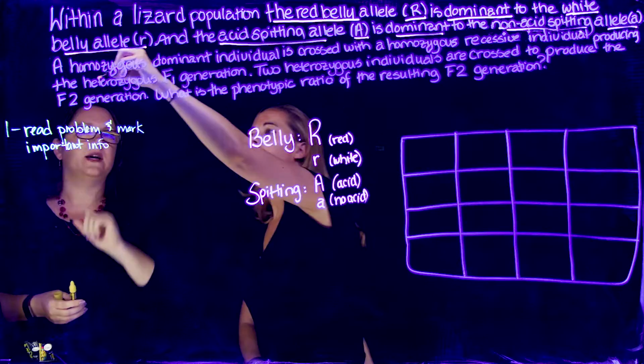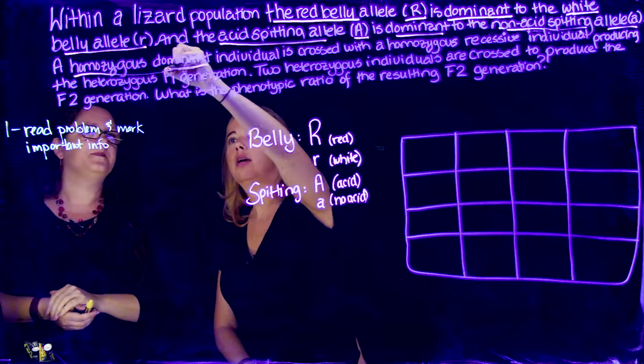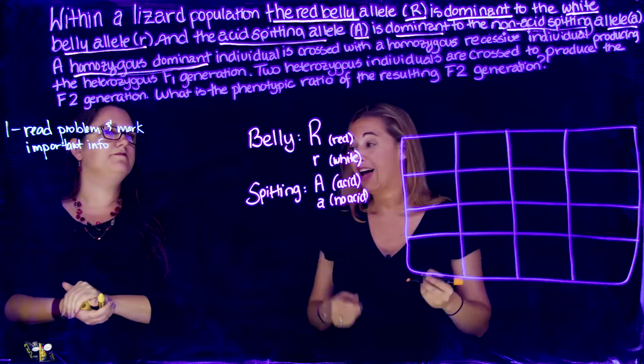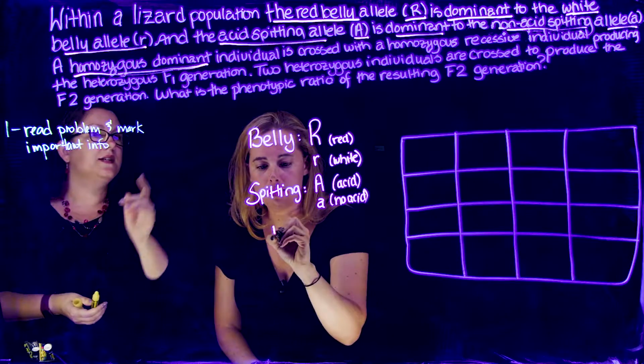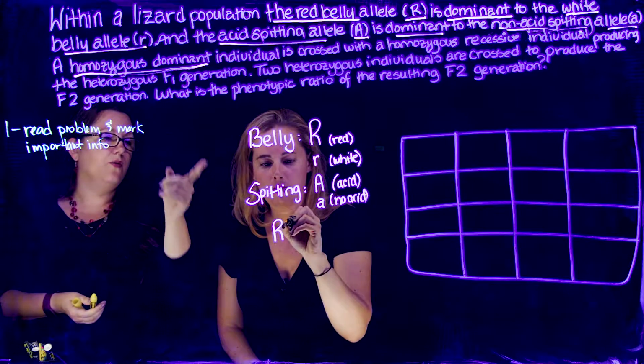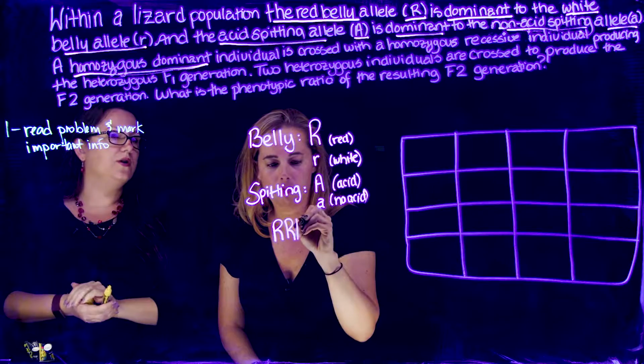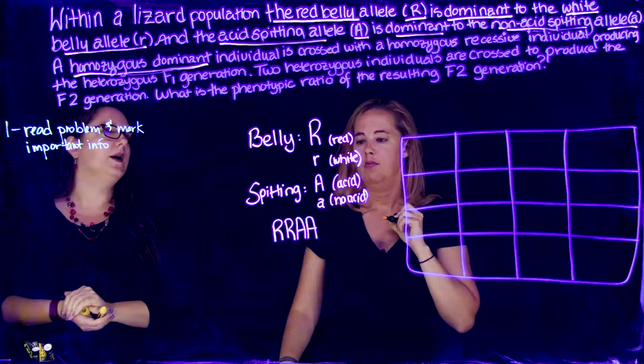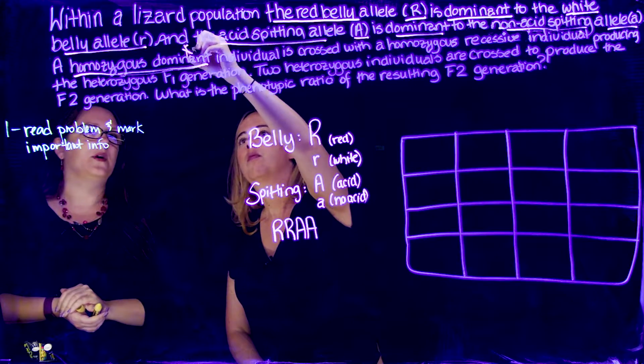We had a homozygous dominant individual, which means it has both alleles dominant, all capital letters. In this case, it's homozygous dominant for both traits: dominant for belly color, both alleles, and dominant for acid spitting, both alleles.